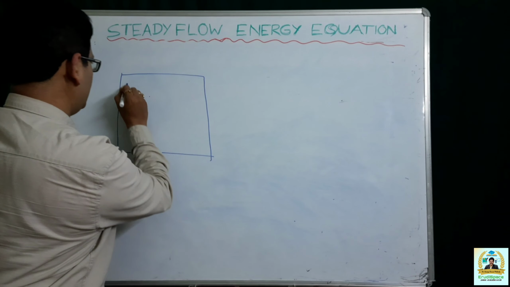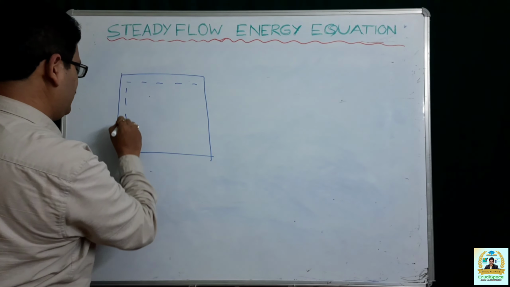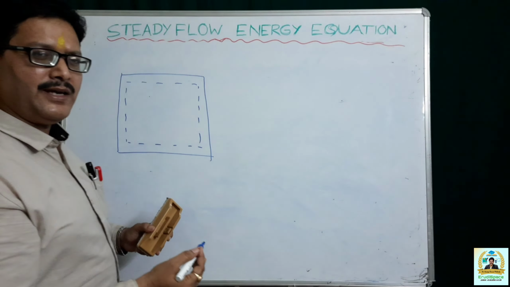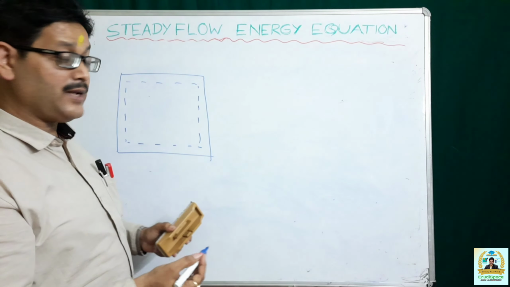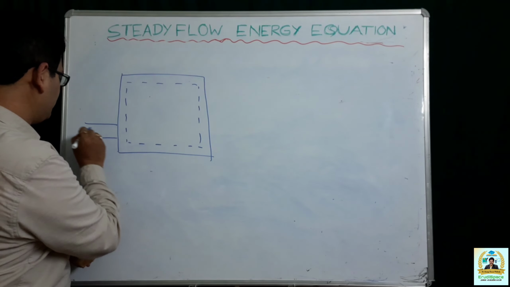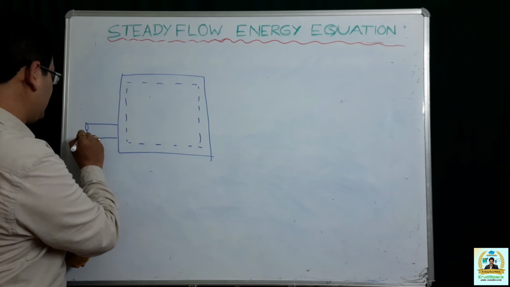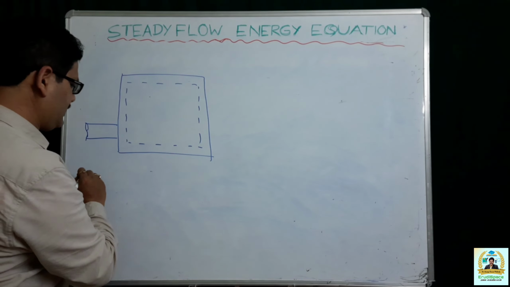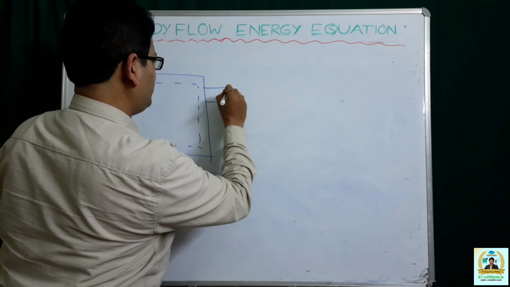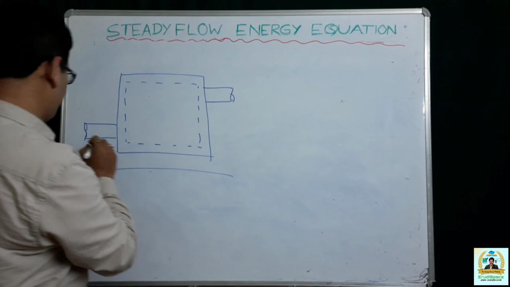This is a control volume. It can be anything: a boiler, a turbine, a condenser, a compressor. Here a certain amount of fluid is entering and the same fluid is also leaving the system.